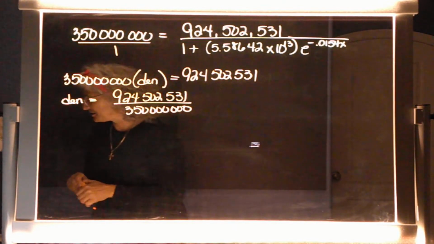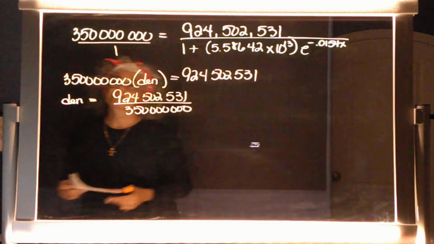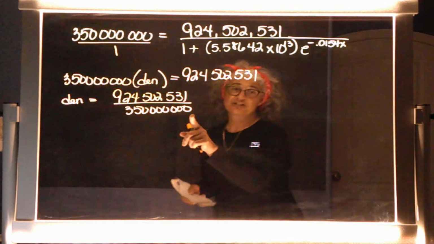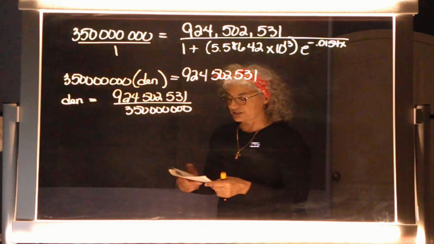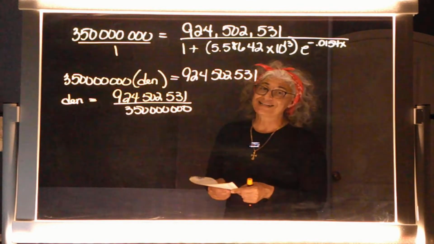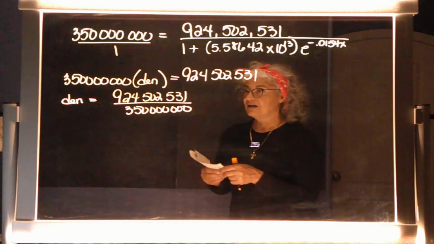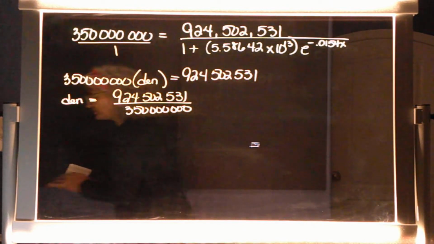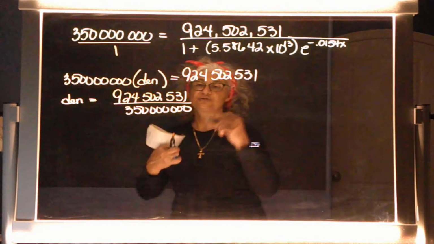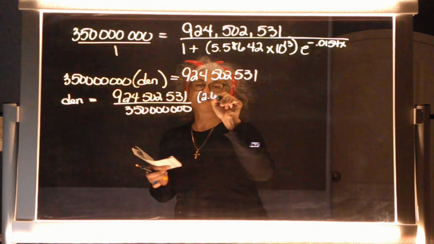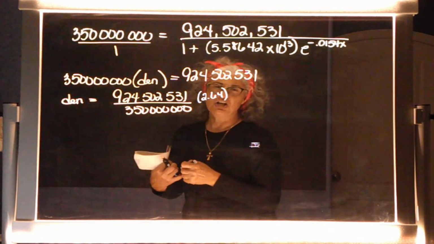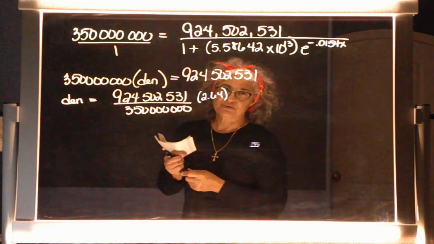And then I'm going to be honest with you. Here's what I did from here. I did put this fraction into the calculator so I could see what it looked like. And no, I did not erase it out of the calculator. Okay? I got this fraction, and I'm going to write it in parentheses here just so you can see it. I got this fraction to be about 2.64. Don't erase the number out of the calculator.